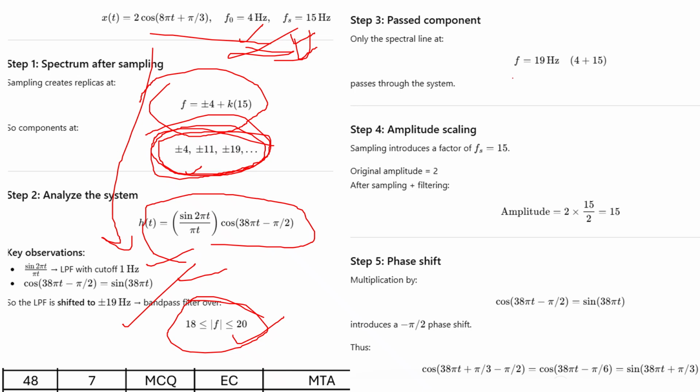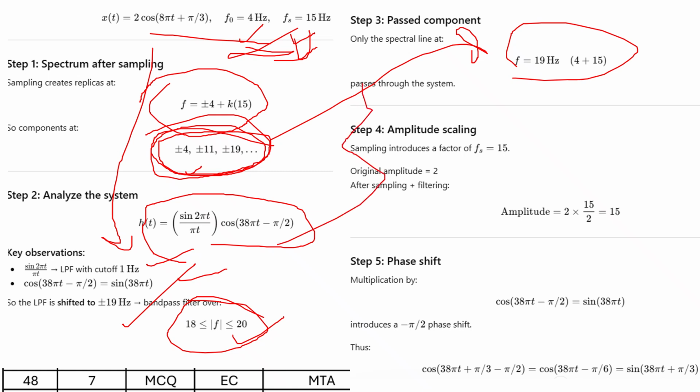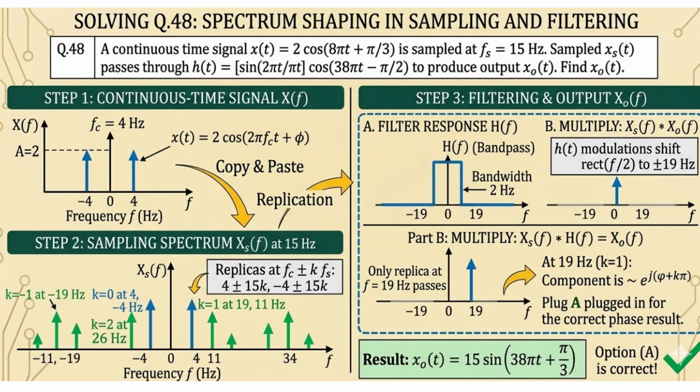So from here, this filter will pass only 19, right? That is 15 plus 4 only. And amplitude you can also calculate from this one, and then the phase shift you can also calculate from here, and you will get the final answer. So that will be this, right? The frequency you got, the amplitude you got from here, and then you got the phase.